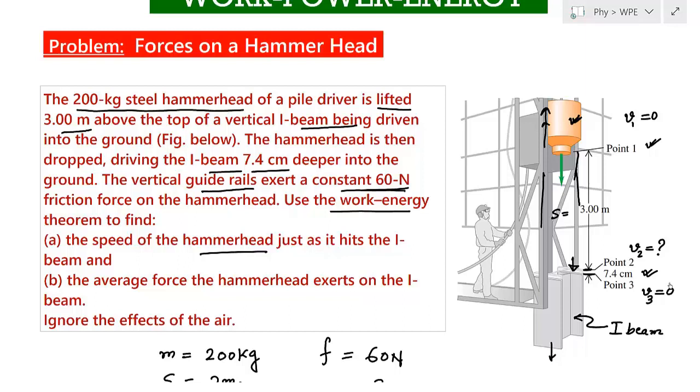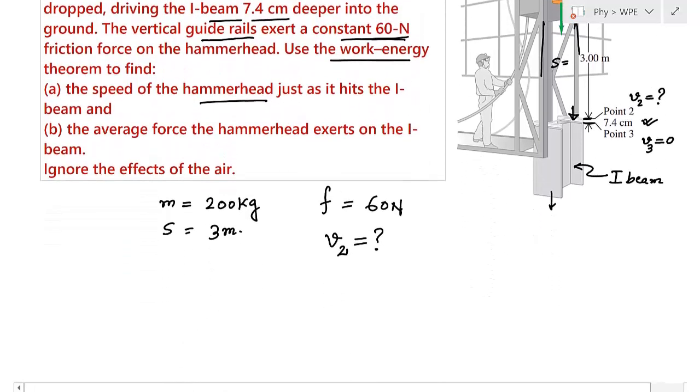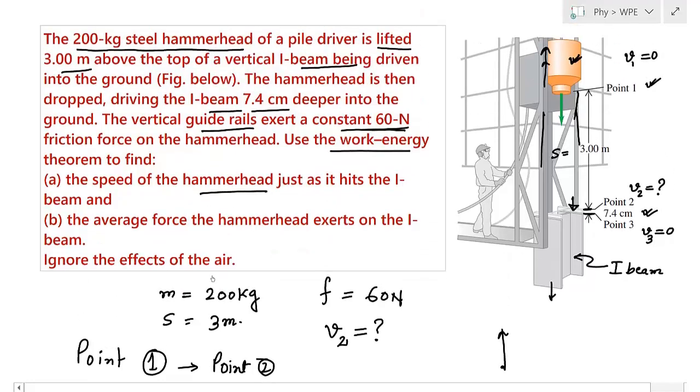First part, we'll consider the motion of this hammerhead between point 1 and point 2. So let us first consider the free body diagram when this hammerhead is falling between point 1 and point 2. In this case, what are the forces that are acting?